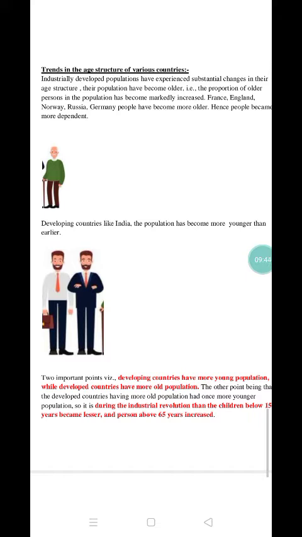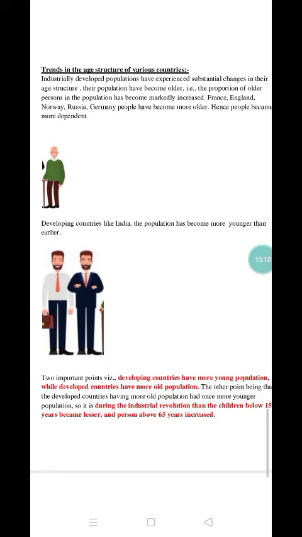Whenever the older generation is more in number compared to the younger or reproductive generation, the older generation becomes more dependent upon the younger generation. So such economies are the dependent ones. There is more dependency in these countries as compared to the developing countries, where the younger generation is more in number.